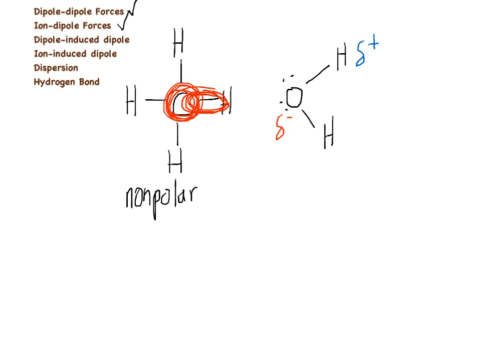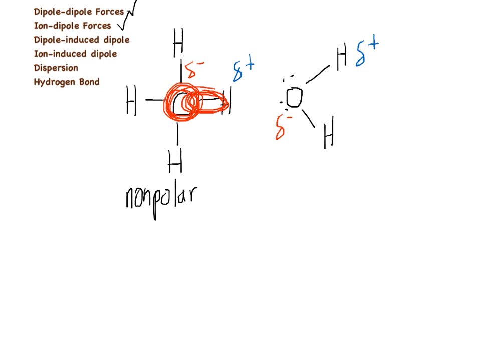So if the electrons are around this carbon a lot more, that's going to create a partial negative charge on the carbon and then a partial positive charge on the hydrogen, creating a dipole moment on this otherwise nonpolar molecule.